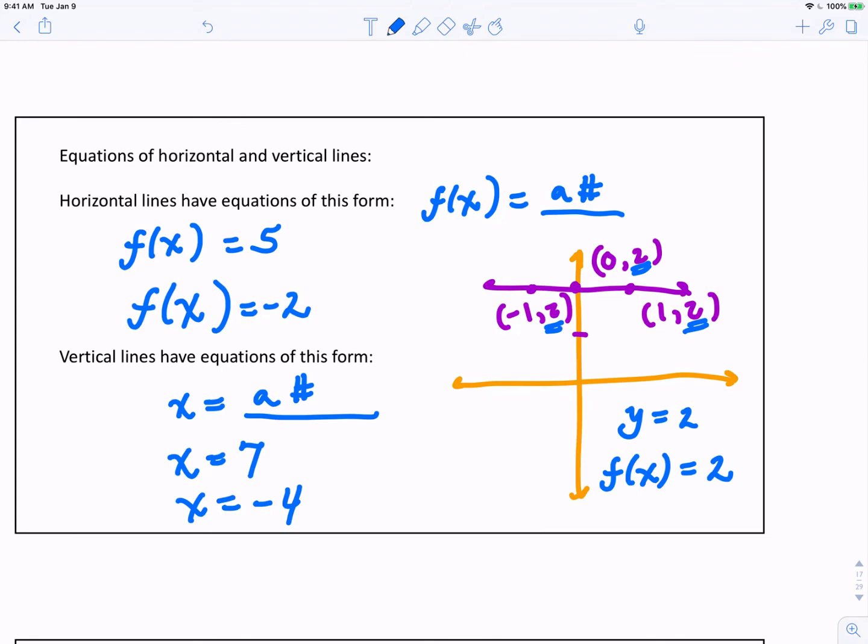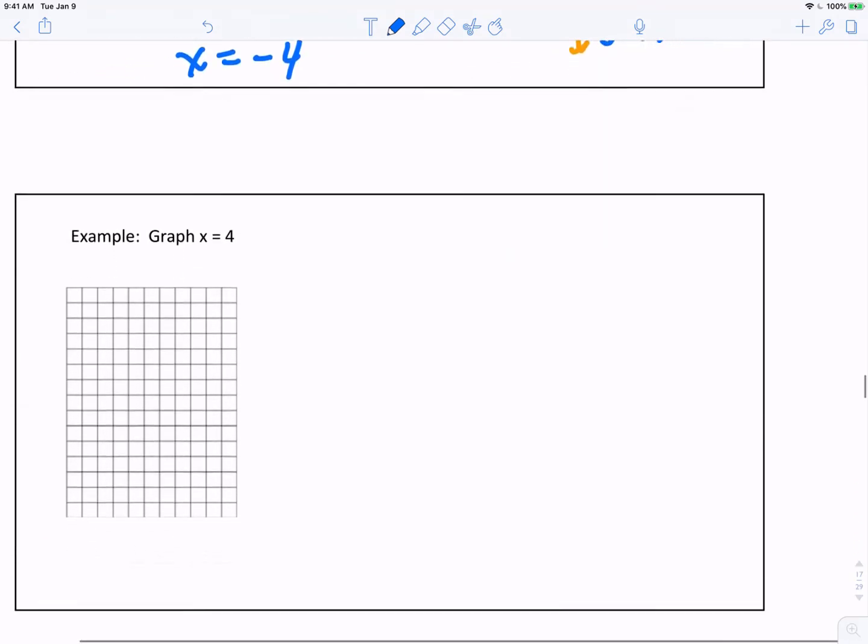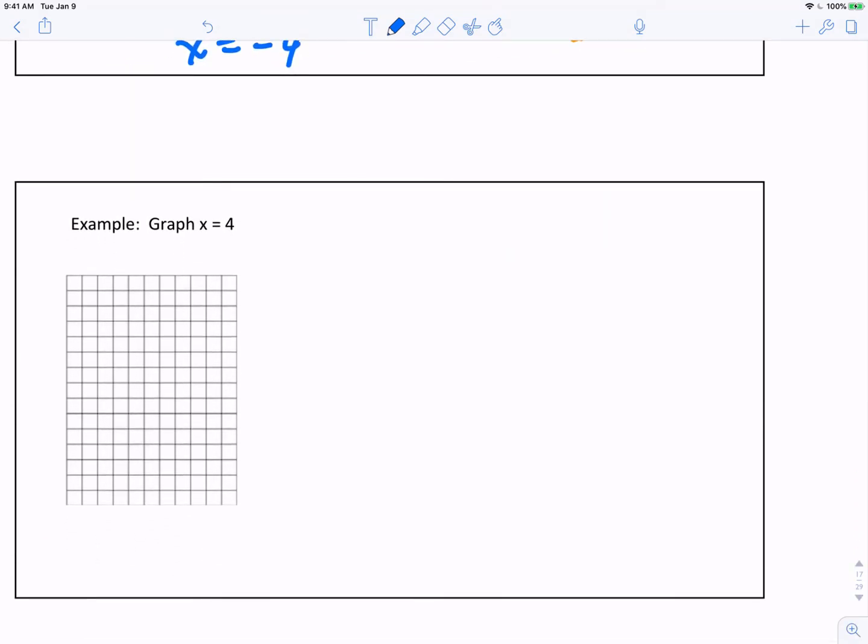Horizontal lines and vertical lines: one thing to notice is that there's only one variable in their equation, f of x, or in other words y, or x. All right, let's take a look at this one. Graph x is equal to 4. And again, this isn't something you have to memorize. You could remember, oh, that's a vertical line. But if you forgot, simply make yourself a table of values and put in some 4s for x.